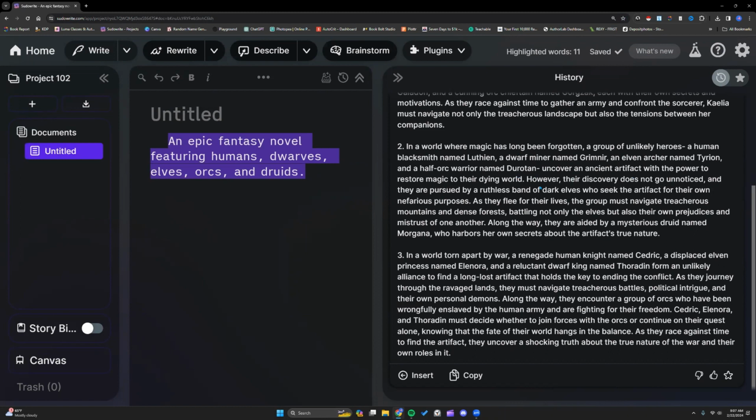It loves to put stuff with artifacts. I'm talking about the AI in general. You mentioned fantasy, and there's typically going to be an artifact. And this one, the third, in the world torn apart by war, renegade human knight, reluctant dwarf king, another artifact.